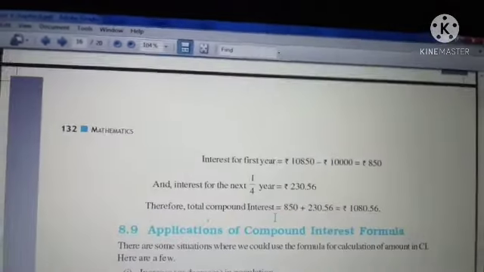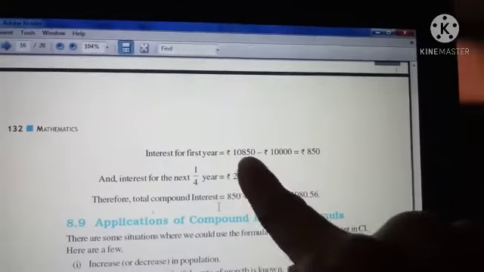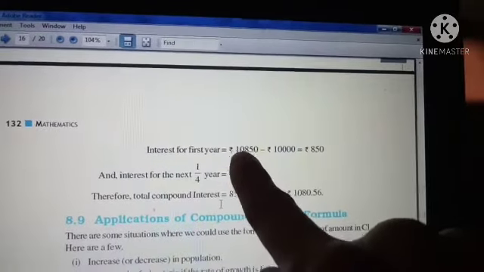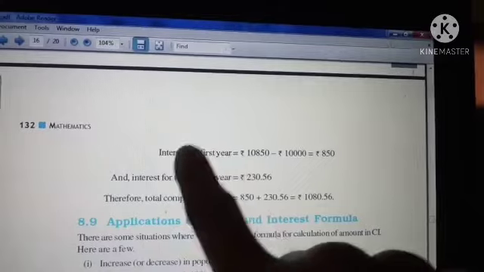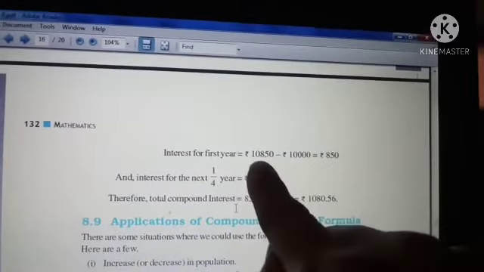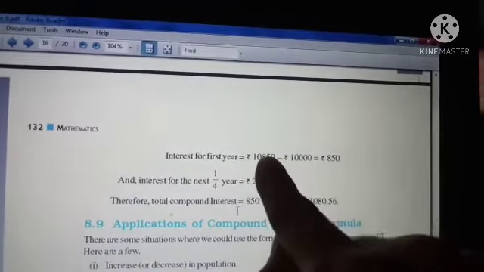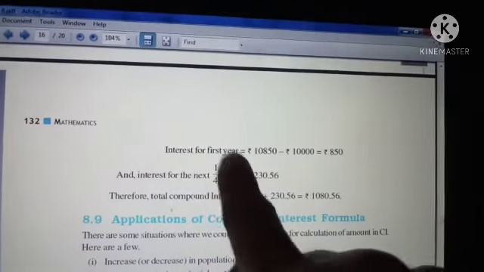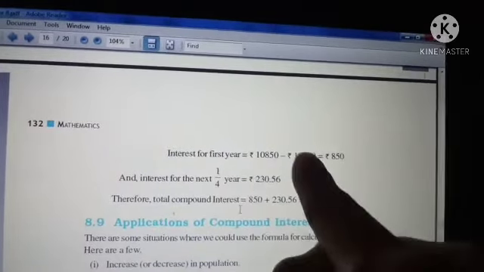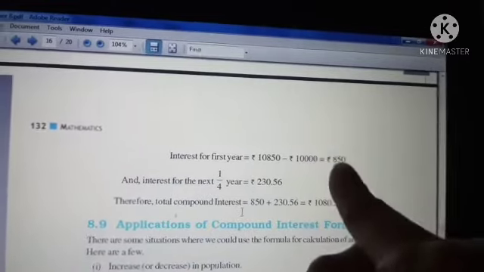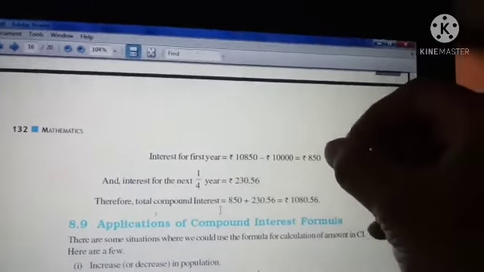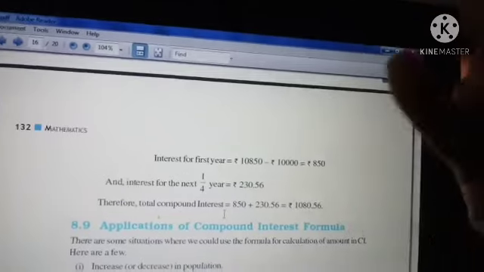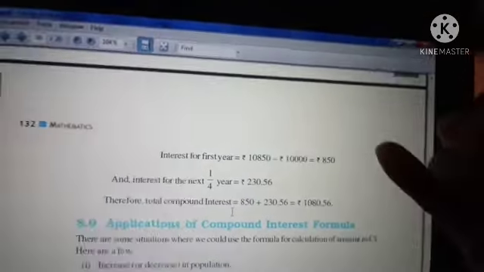So the interest for the first year, how will you find it? At the end of the first year, what is the amount you got? This is the compound interest for the first year: amount minus principal. You can note it down. Compound interest for the first year is nothing but amount minus principal. So you got 850 rupees. This is the interest you got in the first year. But you still have 3 months more, which is the quarter year.